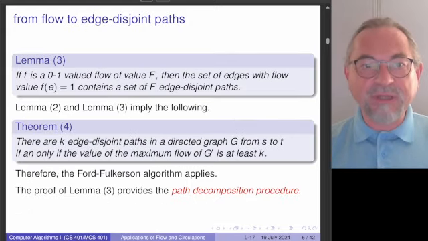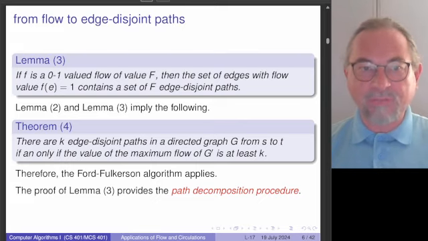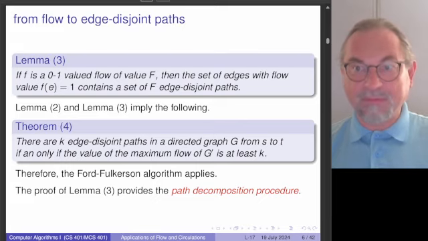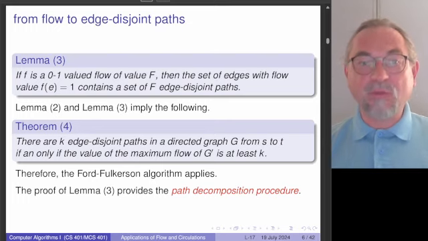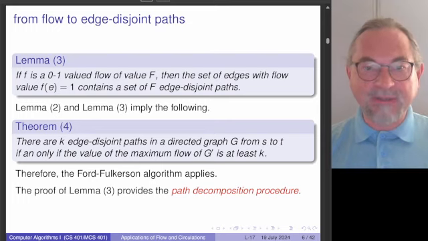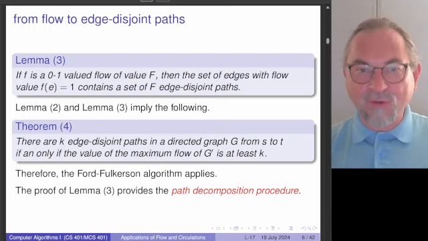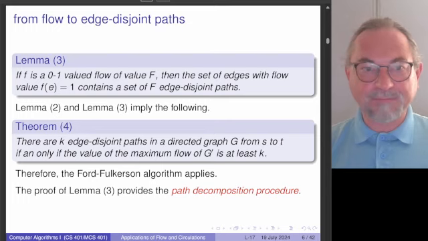We have also the other one. If we have a 0-1 flow of value F, which will be maximum as computed by the Ford-Fulkerson algorithm, then we do have F edge disjoint paths. This lemma is a little bit longer to prove, but in some sense more interesting from our perspective as it leads to an algorithm.